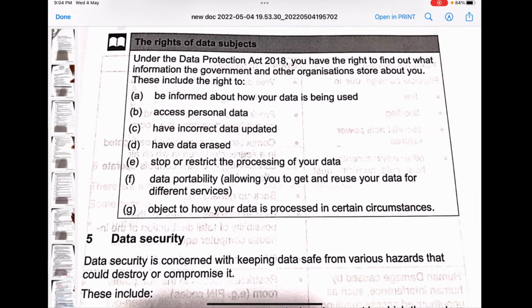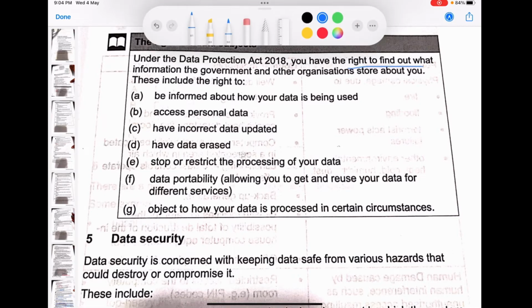The right of data subjects. Under the Data Protection Act 2018, you have the right to find out what information the government and other organizations store about you.